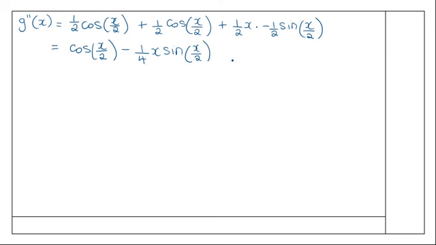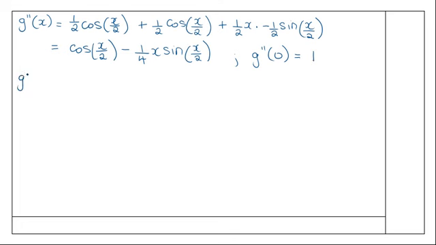And then remember, we now need to plug in our 0 for the x. So g double prime 0, if I plug that in here, I'm going to get 1 because cos of 0 is 1. I'm going to get 1 here, 0 there, so I get 1.